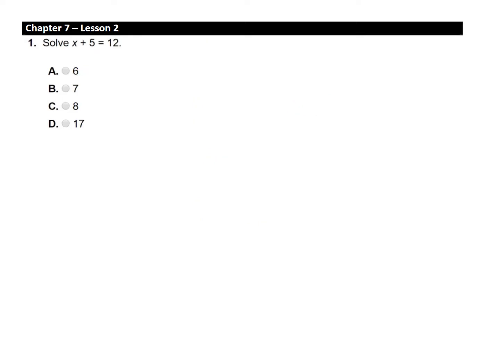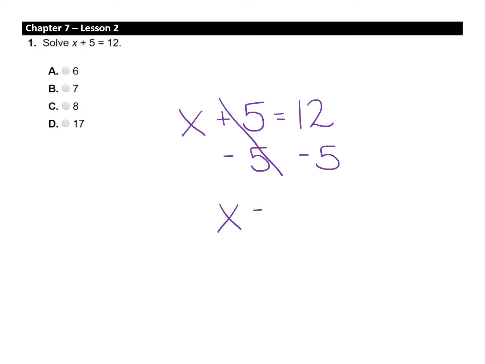Chapter 7, Lesson 2, Question 1. Solve x plus 5 equals 12. We're going to subtract 5 on both sides. Cancels each other out. X equals 7.